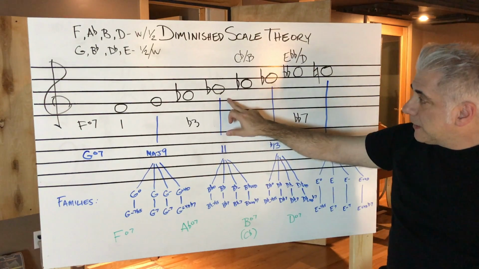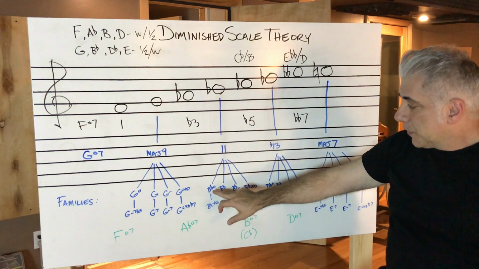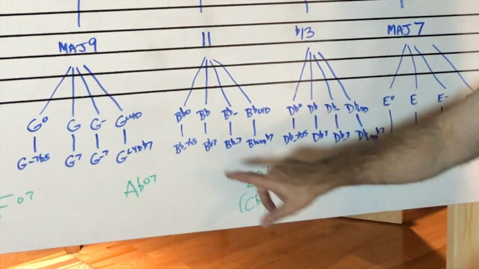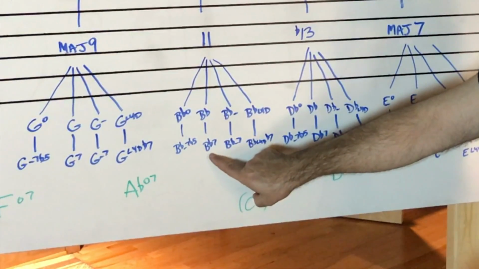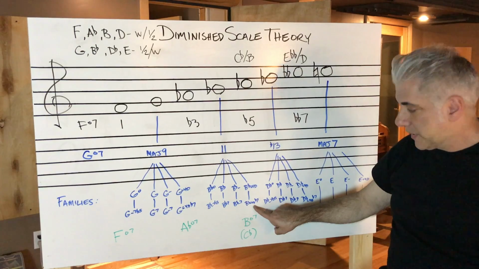Okay, built off the fourth scale degree, or the 11th as we're going to call it, we have B flat diminished, B flat major, B flat minor, B flat Lydian, and its seventh chords: B flat half diminished, B flat 7, B flat minor 7, B flat Lydian flat 7. Okay?